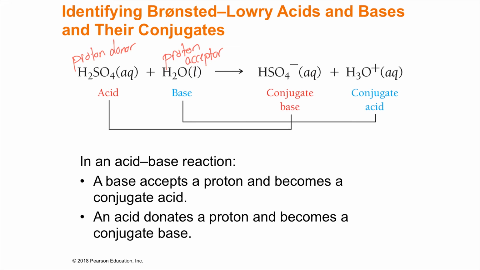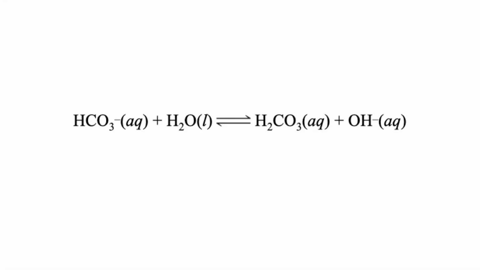And then the products get classified as a conjugate acid or a conjugate base. So let's do a quick sample problem here together just to make sure that you're understanding this as much as possible. You can pause the video here and predict your answers. In fact, I would recommend that you do that before you look at my solution.